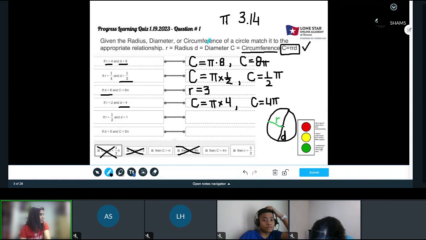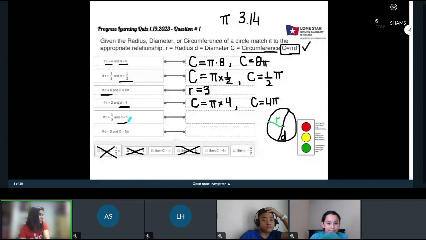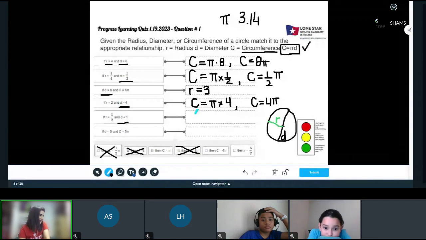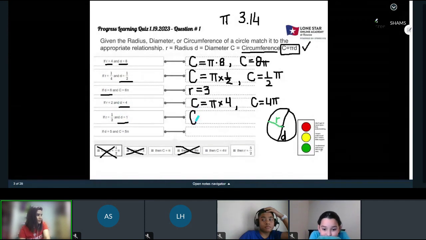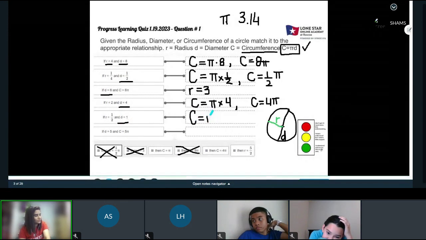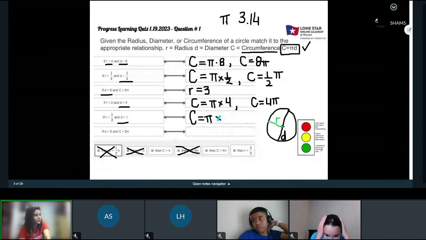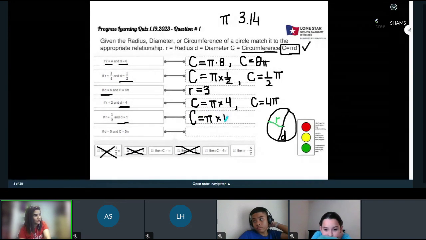And I'm going to go ahead and do the next one. Diameter is 1. Therefore, radius has to be half the size, and radius is half. Circumference is missing. How do you find circumference? You'll do pi times 1. Like in algebra, I tell you we don't write down a 1 in front of the variable, right?